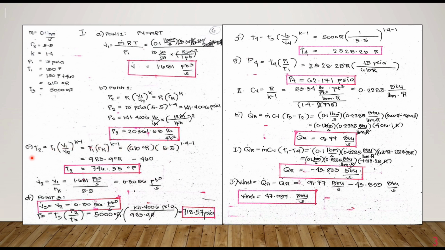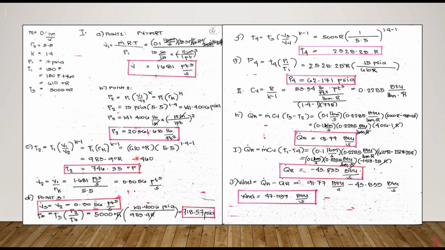So for C, we are going to solve for T2. So we have T2 is equal to T1 times V1 over V2 raised to k minus 1, equals T1 times rk raised to k minus 1.